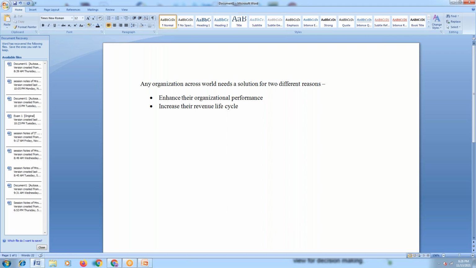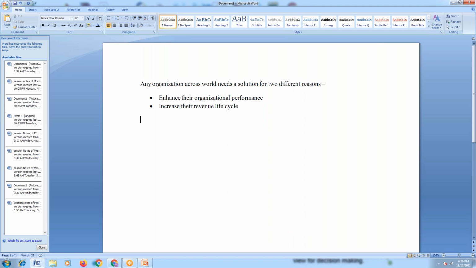So if you want to run any kind of organization, you take a bank, right? In order to run their transactions, they require a core banking application, which will be used for backend operations, right? To manage their backend operations, they use core banking. They may require an online banking application to manage their online banking process.